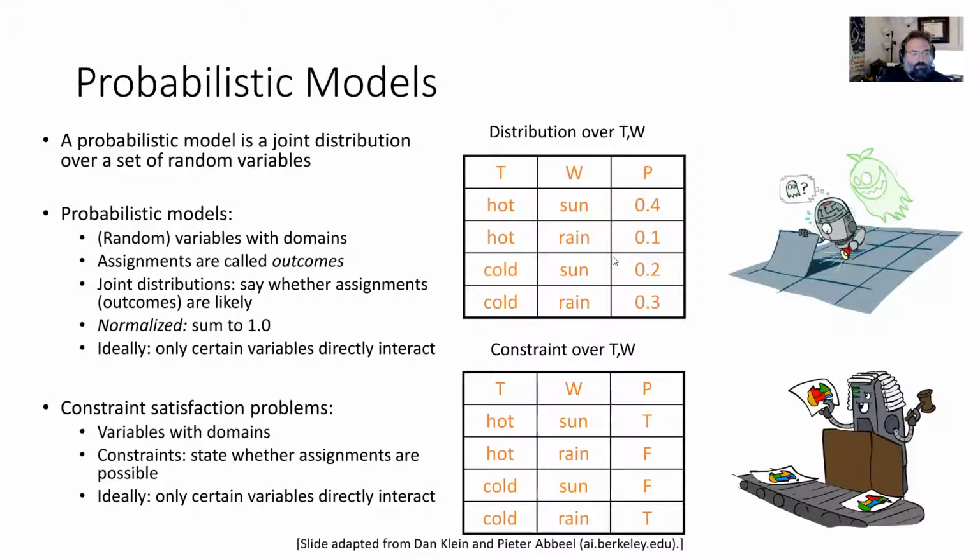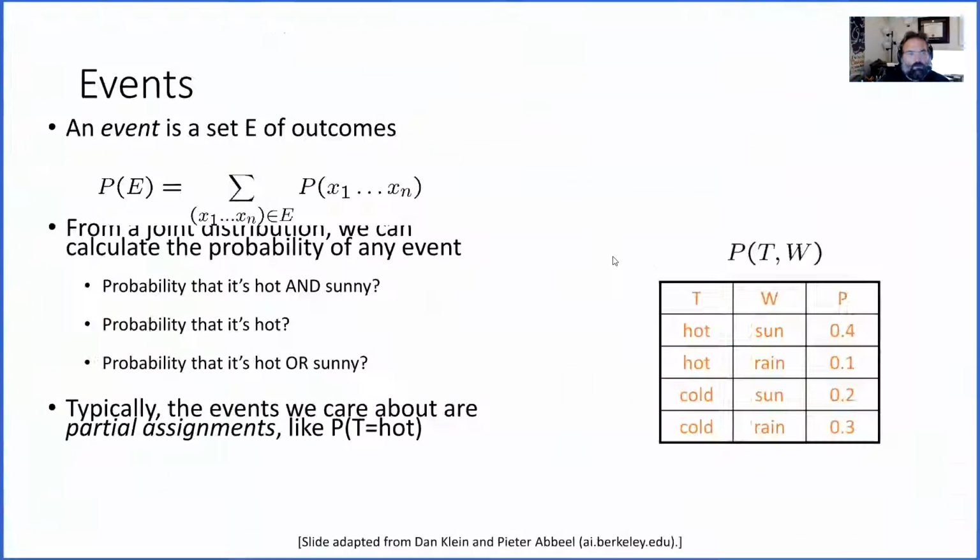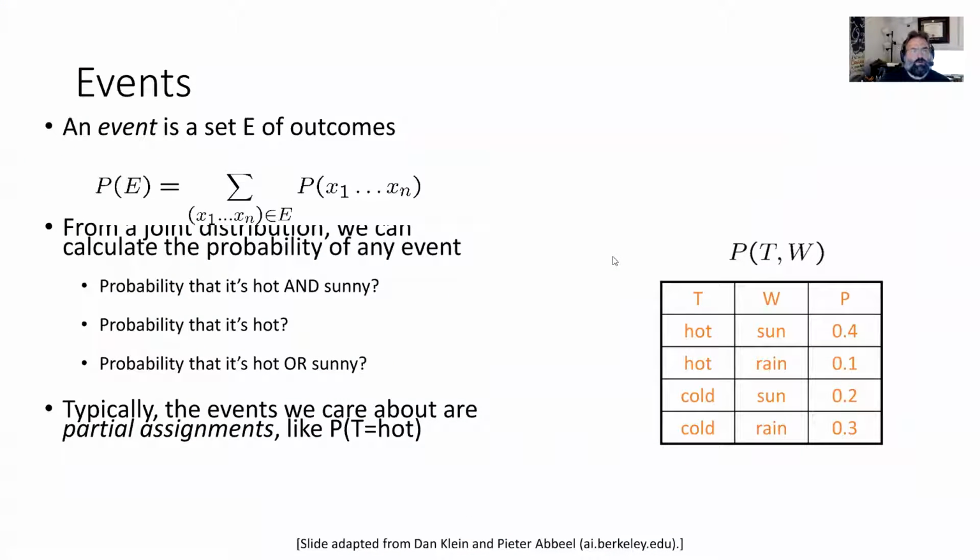And then, as we talked about in the past, there are these constraint satisfaction problems, with variables with domains, constraints, and so on. An event is basically something with an outcome, and it's based upon a joint distribution, and you can typically calculate the probability of an event. So what's the probability that it's hot and sunny? That's probably going to be much more likely than hot and rainy, but who knows?